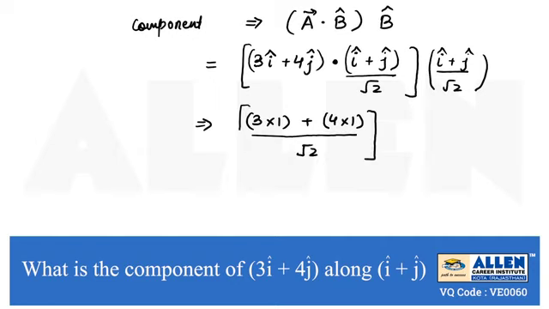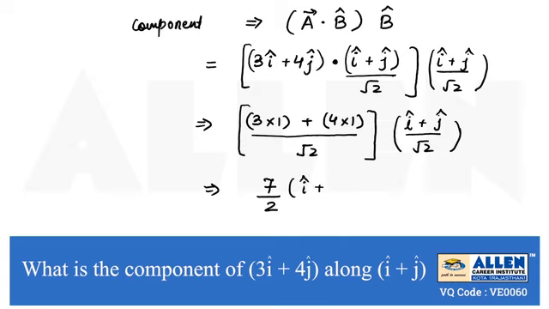This is inside the bracket and outside is as it is, i cap plus j cap by root 2. On further simplification we will get 7 by 2 and in the bracket we will get i cap plus j cap. So this represents the component of the given a vector along b vector.